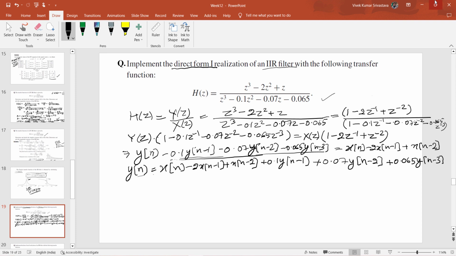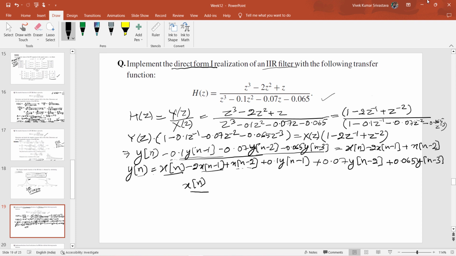Okay, so let us suppose this is x of n, that is the input applied to the IIR filter. From this expression we can see that it has two delaying elements apart from x of n, that is x of n minus 1 and x of n minus 2.